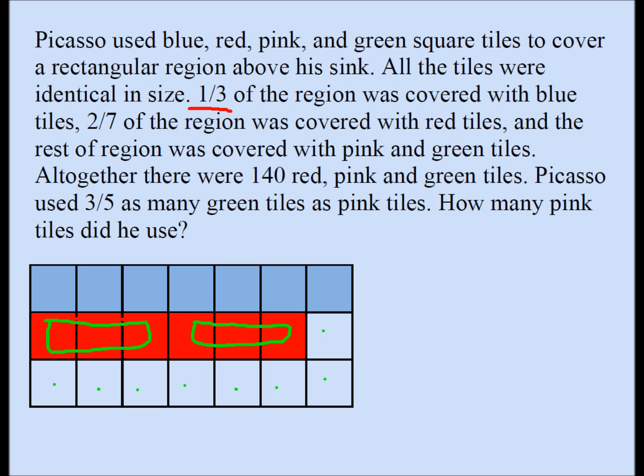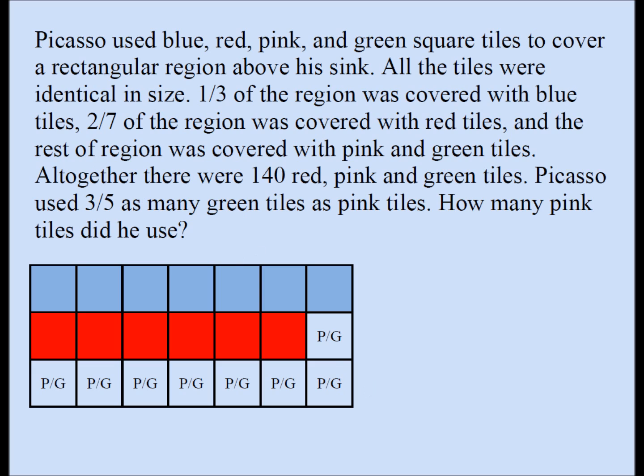Now, another critical step. I don't know exactly how many of these tiles are pink and how many of these tiles are green. All I know is the remaining tiles are either pink or green. Again, each square may have 50 tiles in it, 20 tiles in it. I don't know, and I really don't need it right now.